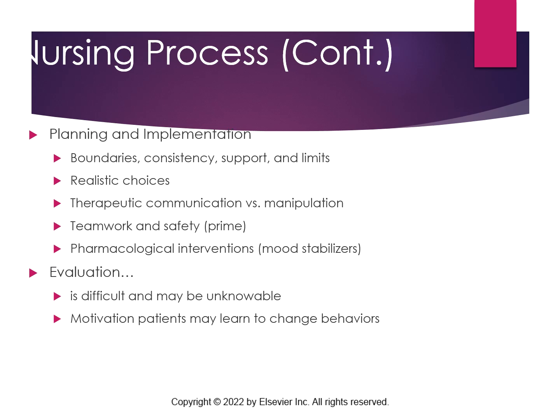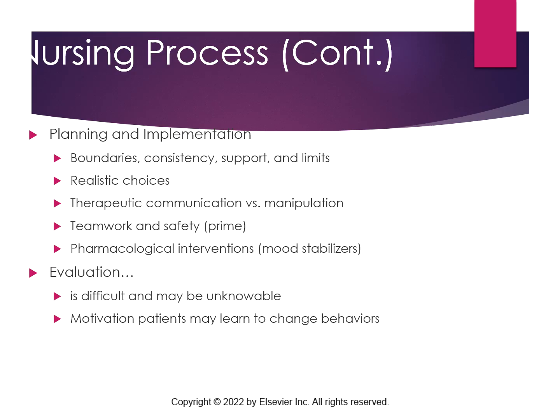For planning and implementation, we need to keep those boundaries. We need to consistently support, but also maintain those limits that we talked about. Help them to focus on realistic choices and therapeutic communication versus manipulation.